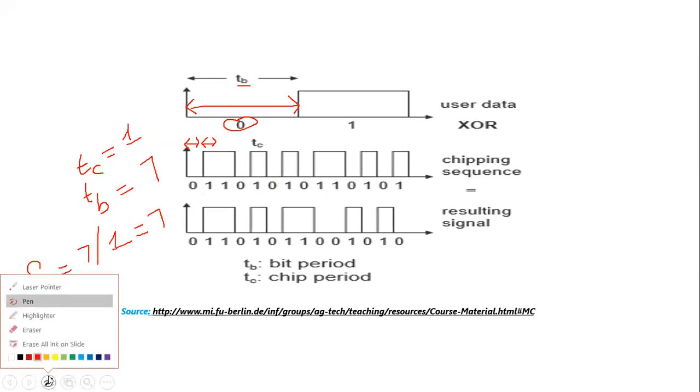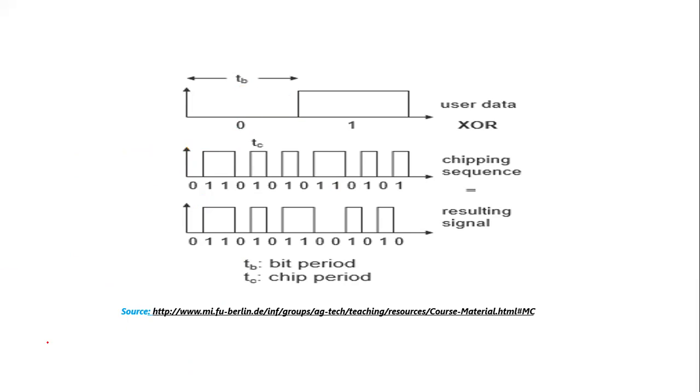Fine, so let us try to understand how this logic works. This is the user data, 0 and 1, that we want to transmit, and this is the chip sequence, 0 1 1 0 1 0 1. With this chipping sequence we want to transmit. The 0 means all zeros, and it is XORed with this chipping sequence.